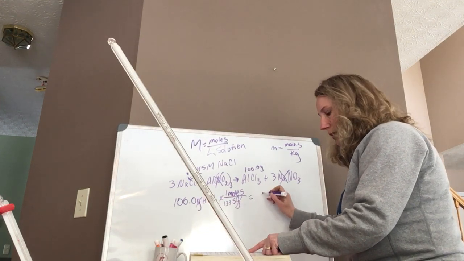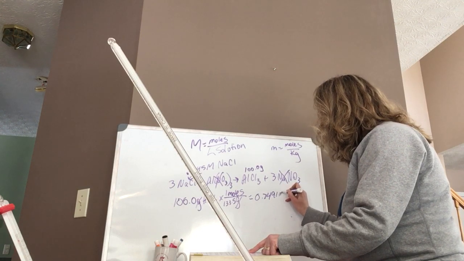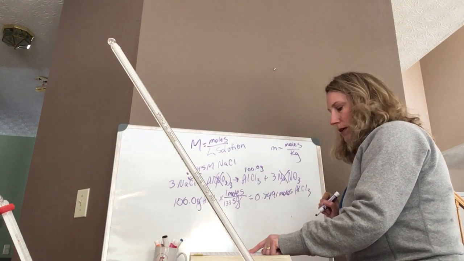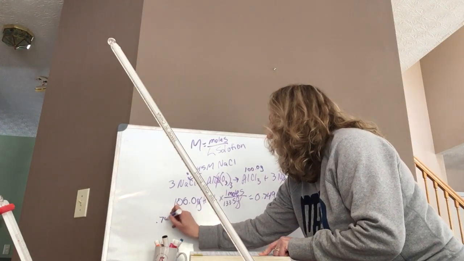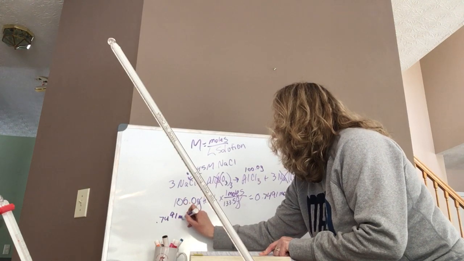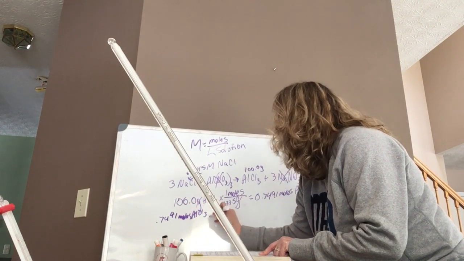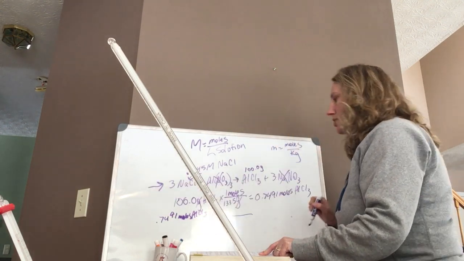So I'm left with 0.7491 moles of AlCl3. Then I'm going to do that 0.7491 moles of AlCl3. Now I'm going to use the balanced equation.